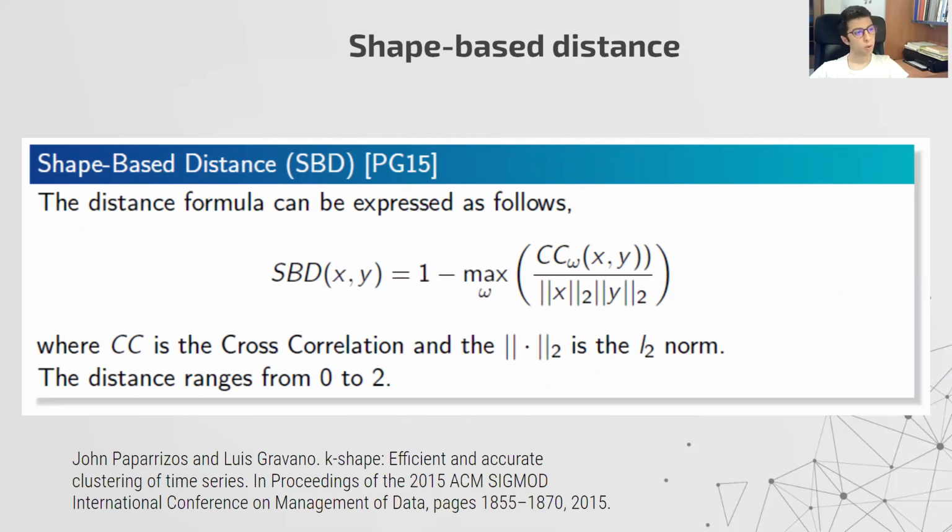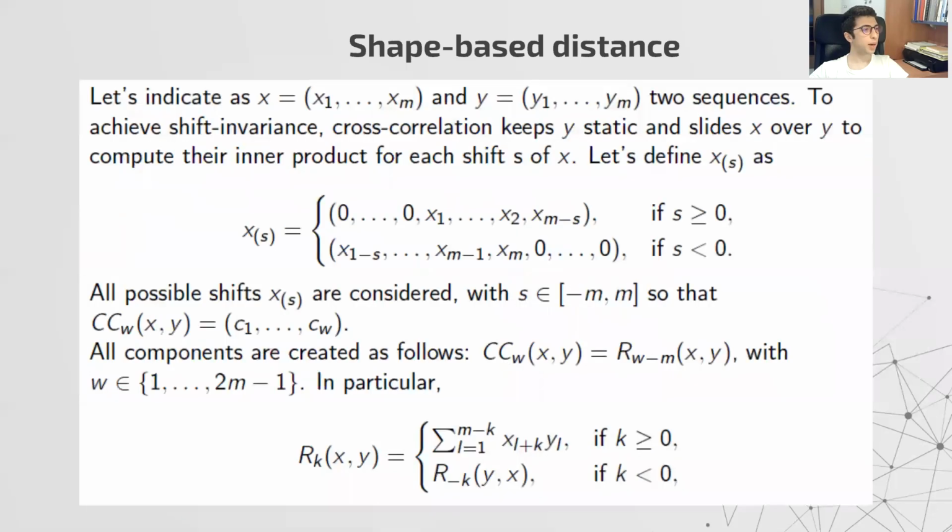So what is the cross correlation with this omega? Well, it is explained right here. This cross correlation is the shift cross correlation.